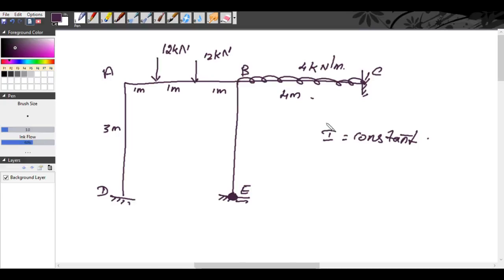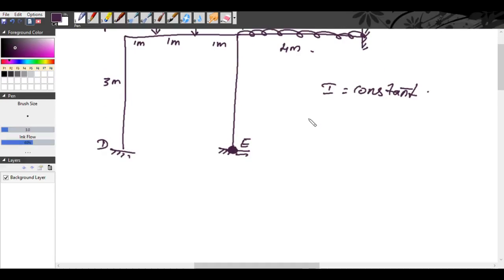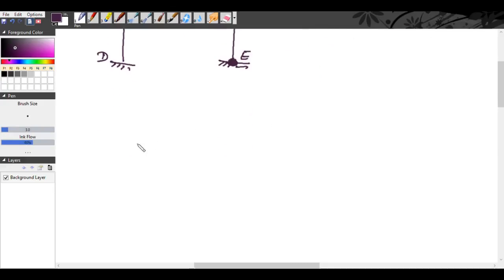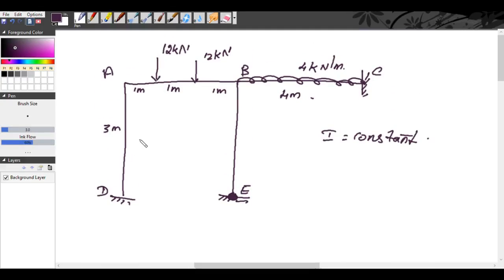Okay. So now I will give you the bending moments diagram. See whether you are getting the answer. Okay. Your final bending moment is, okay.